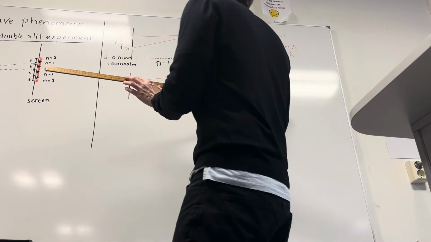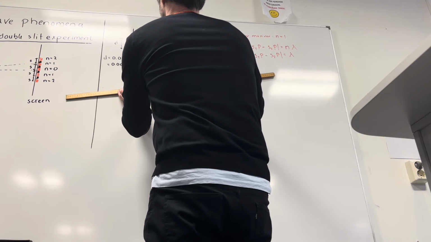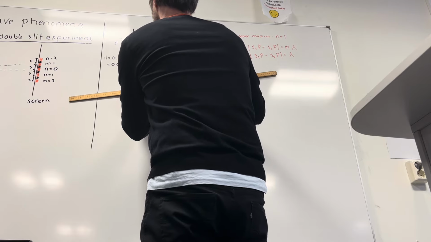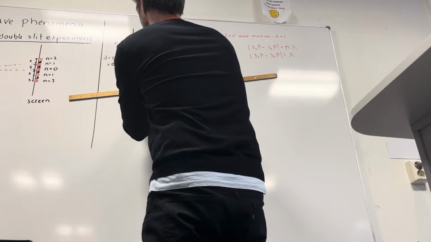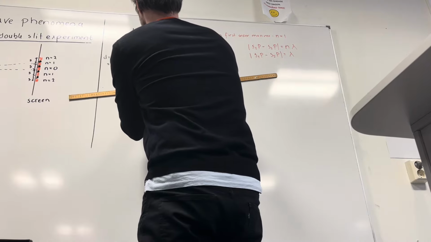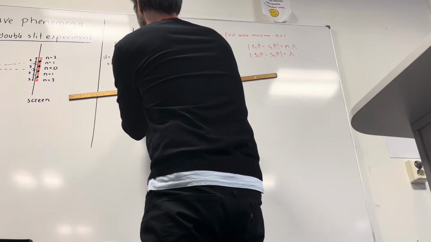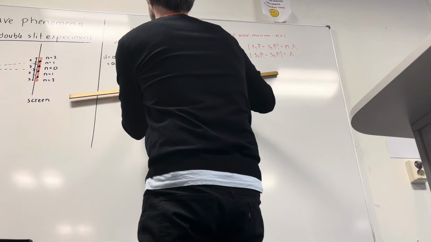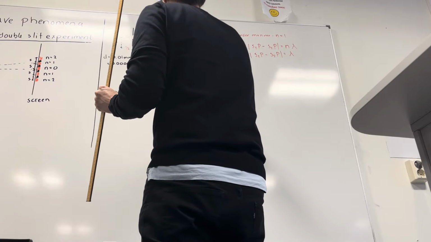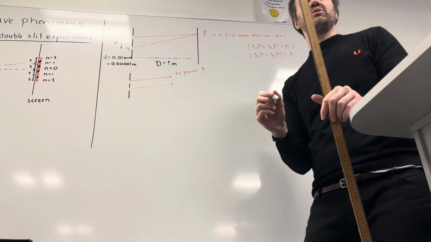So we draw the next line, and at this angle here, these two lines will be approximately parallel. We can draw them as two parallel lines. This also goes to point P.